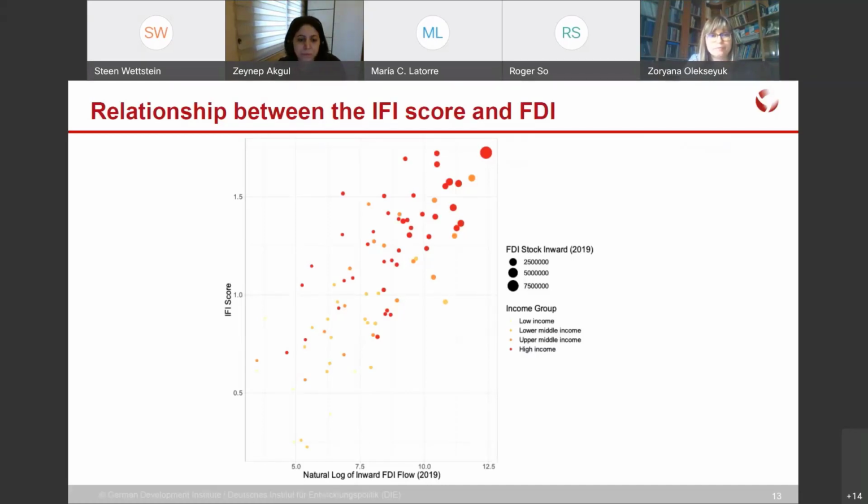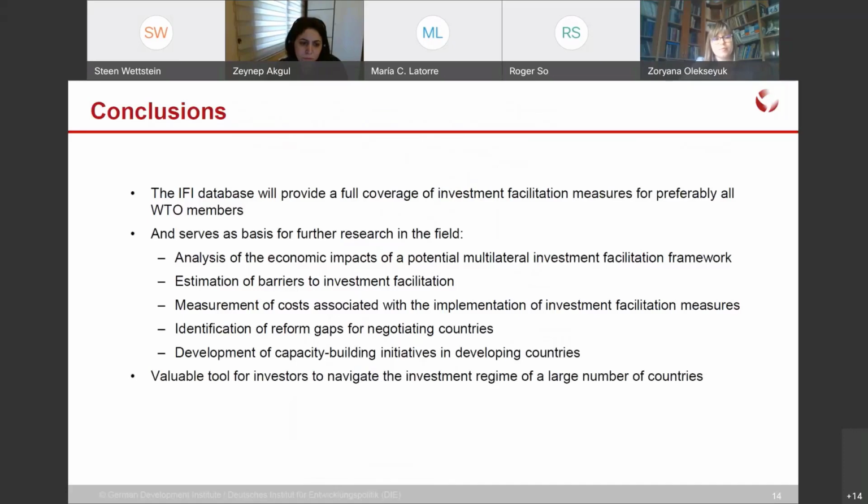Okay. Now, just let me conclude. So our purpose is to provide a consistent database with a full coverage of all possible investment facilitation measures that also go in line with what is negotiated at the WTO, and preferably for all WTO members, but that is still, yeah, we'll see how we can cope with that.